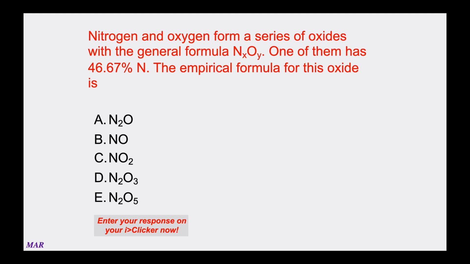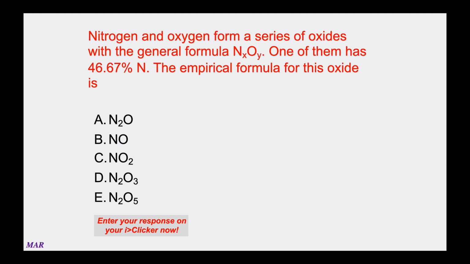So in this, we only have nitrogen and oxygen, all right? It gives us the percent nitrogen, so you can find the percent oxygen. See if you can use that information to find out which of those is the empirical formula of this nitrogen-oxygen compound. So pause the video, work on it, and unpause it when you're ready.